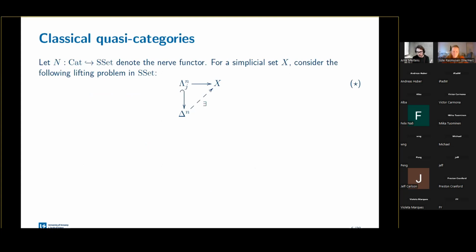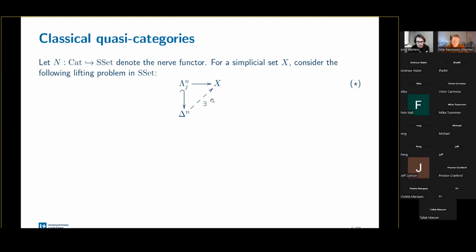All right, so the whole classical story of quasi-categories starts with the usual nerve functor, everyone's favorite functor. It goes from categories to simplicial sets. It's fully faithful. And if I have a simplicial set X, I can consider the following lifting problem. Here we have the jth horn of dimension n, and here we have the standard n-simplex.